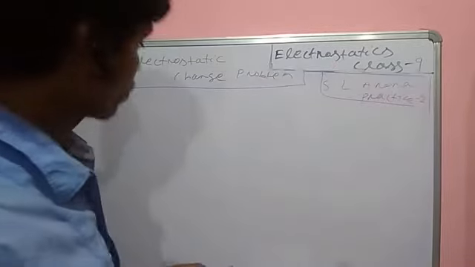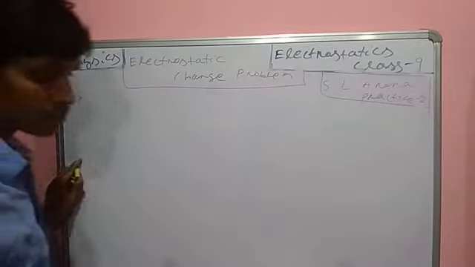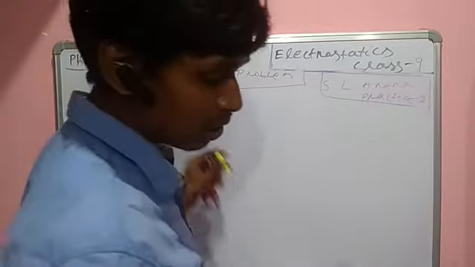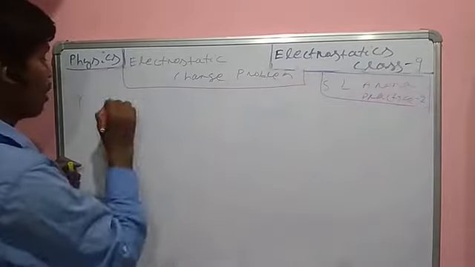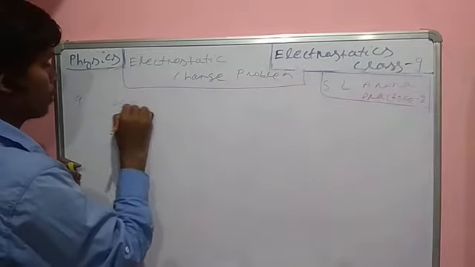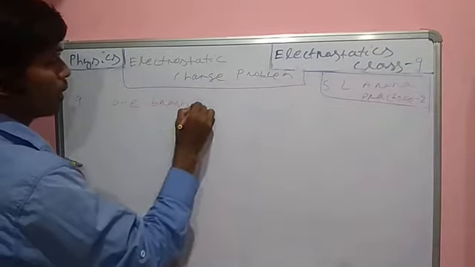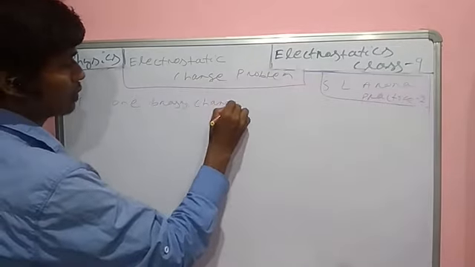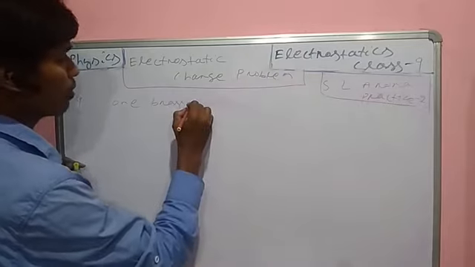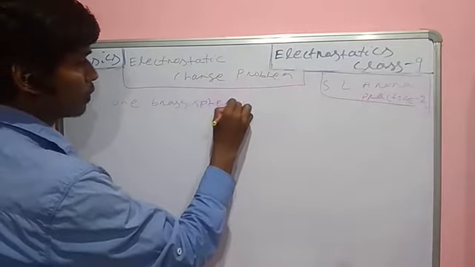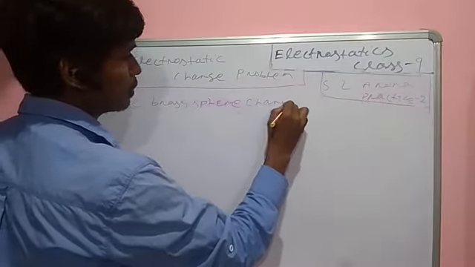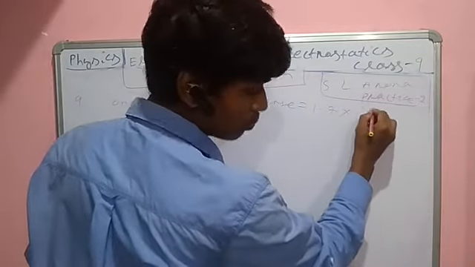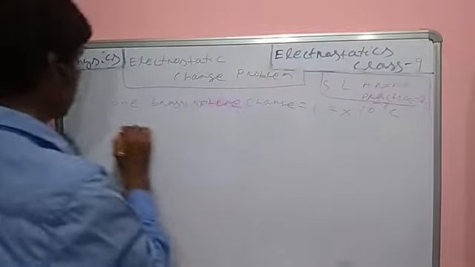So question number 9. Here are two small brass spheres. One brass sphere has a positive charge of 1.7 into 10 to the power minus 8 coulomb.